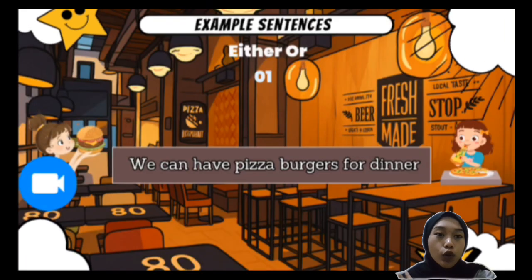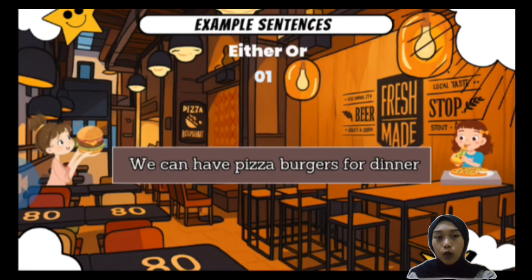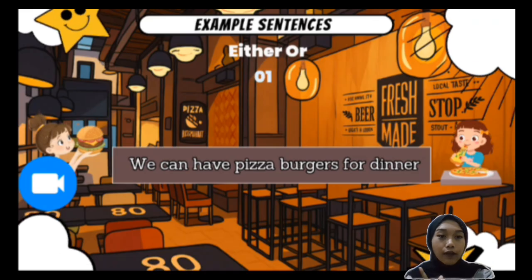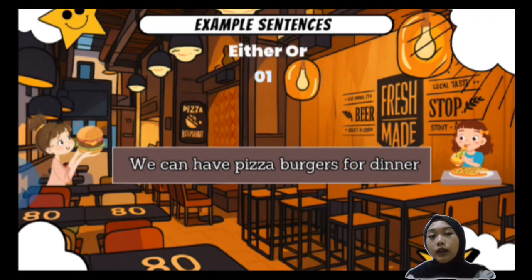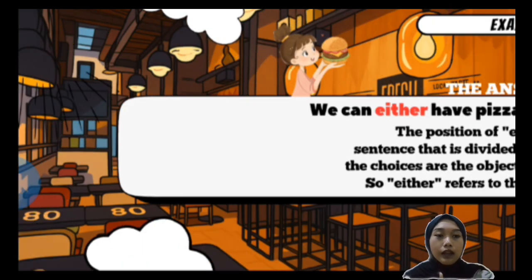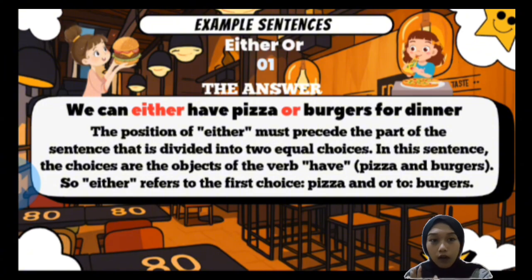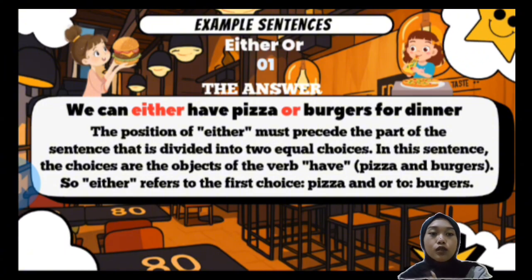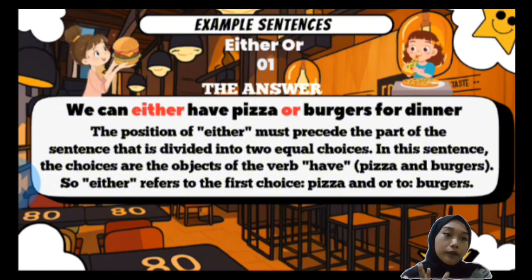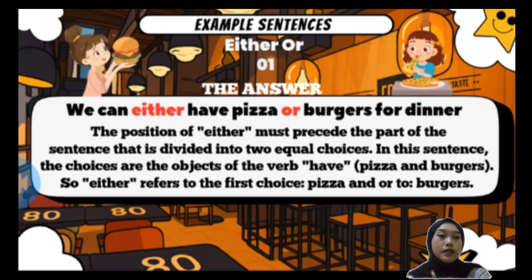Example 2. Using either/or with objects. We can either have pizza or burger for dinner. In this example, either/or connects two objects of the verb have: pizza, burger.